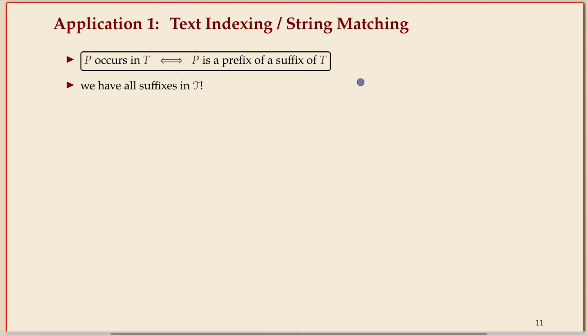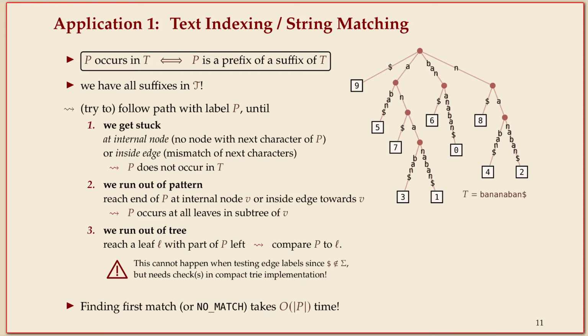So one way to do string matching is construct the suffix tree for T, and then exploit this fact that I mentioned before. P occurs in the text exactly if and only if P is a prefix of a suffix. And so here's the algorithm spelled out again that we are following to find these occurrences.